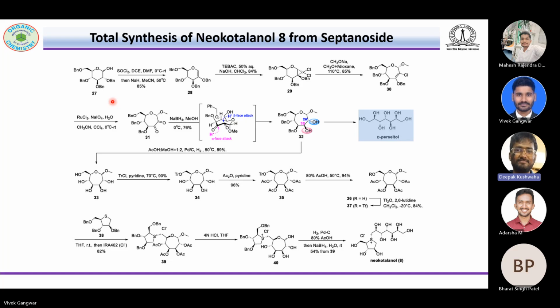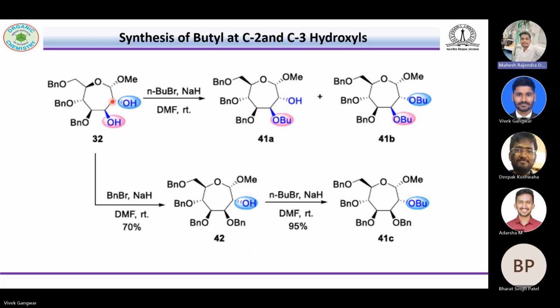We'll go to the next slide. So here they are showing selective protection. They are showing that as the number of carbons increases, hydrophobicity is increasing, so it will be useful in enzymatic reactions. So they are changing the protection group here.